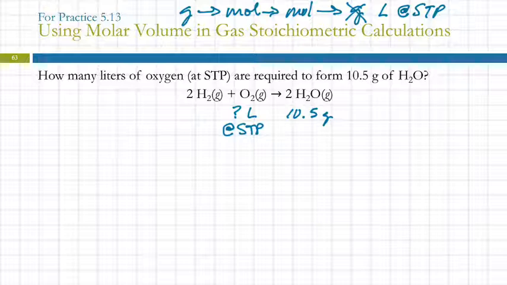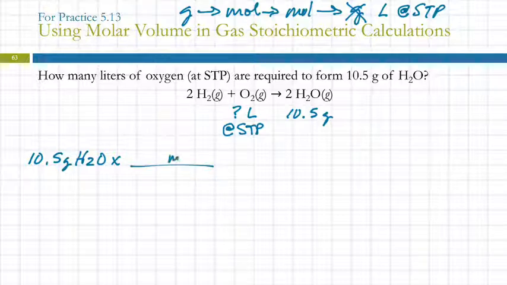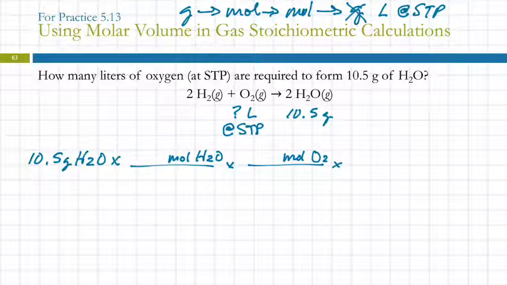So we're going to start with 10.5 grams of water. We're going to convert to moles of water and moles of oxygen, and then liters of oxygen.